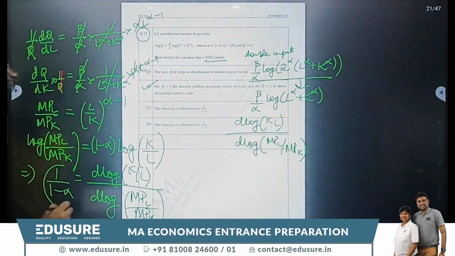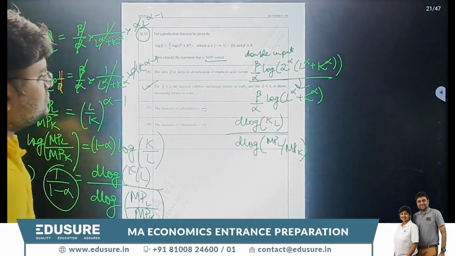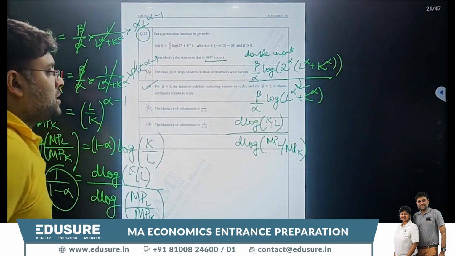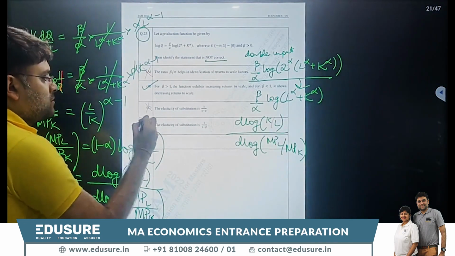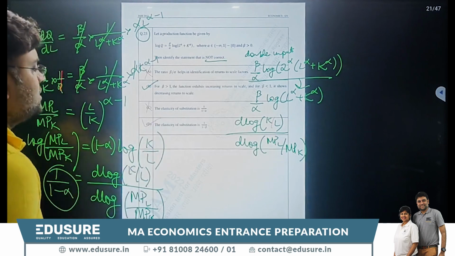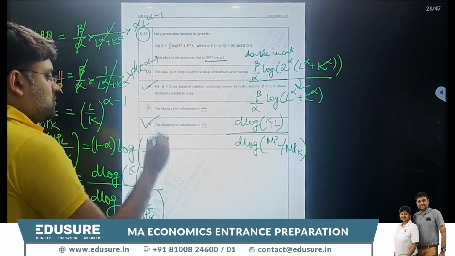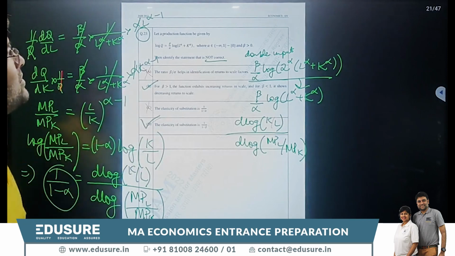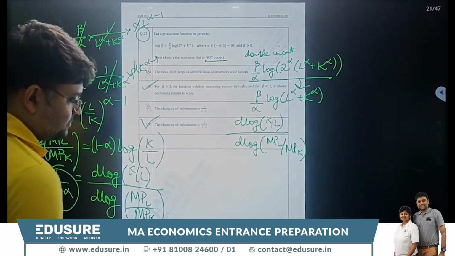So elasticity of substitution is 1 by 1 minus alpha. So this is correct and hence not the answer. D is my answer. B and D will be the answer for 23.